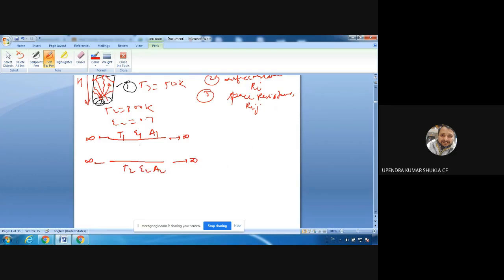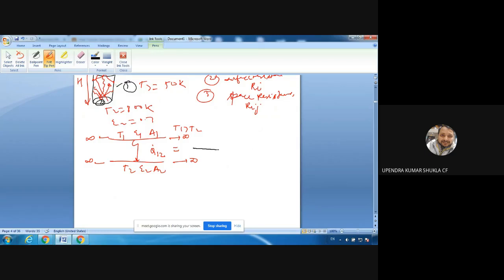Let's suppose T1 is greater than T2. You have been asked to find the net heat transfer from 1 to 2, Q1 dot.